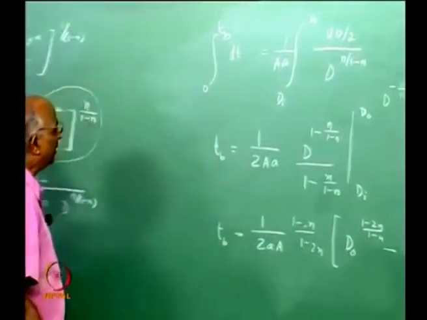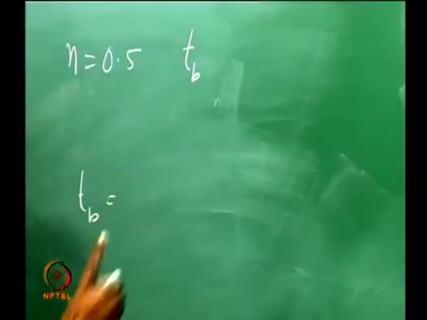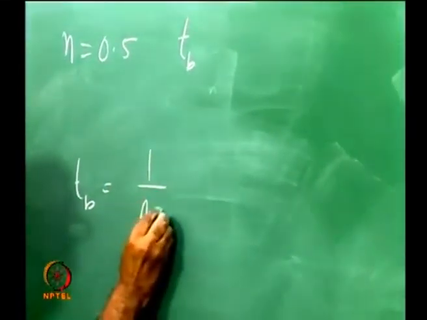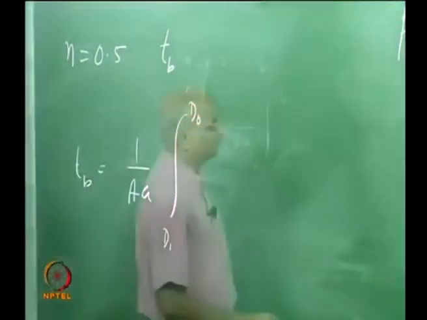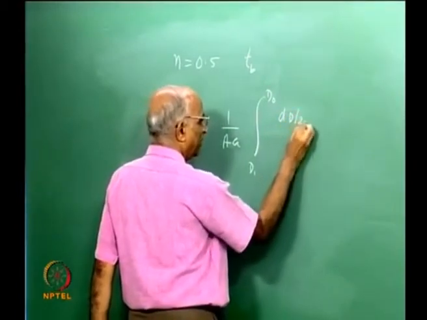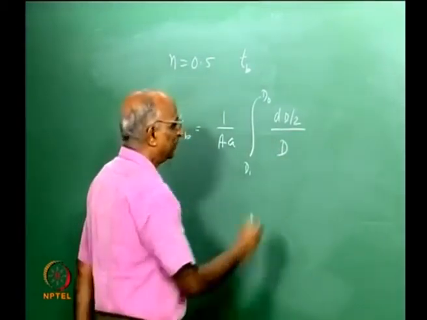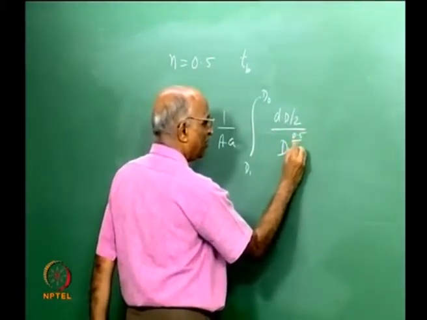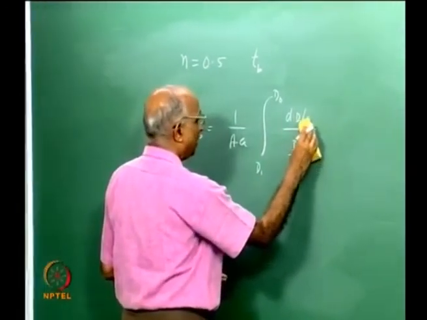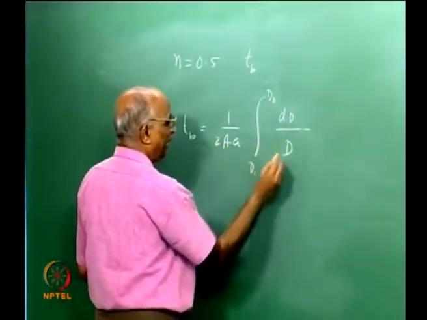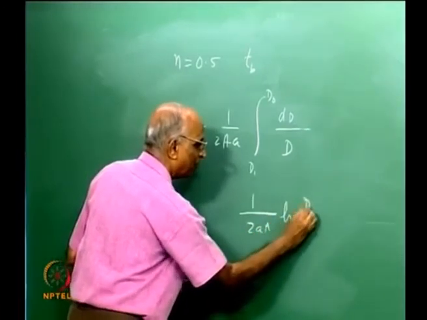Our integral is dt, or Tb is equal to 1 over a into the integral from di to do of dd by 2 divided by d to the power 0.5 divided by 0.5, and therefore, I will take 2 over here, and this gives me, for n equal to 0.5, 2a ln of do by di.